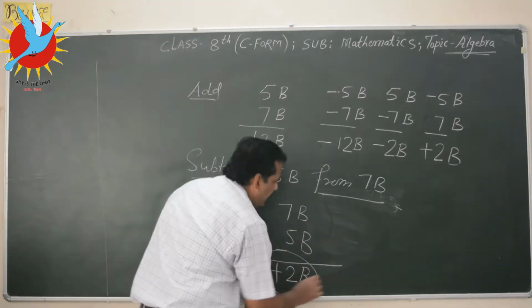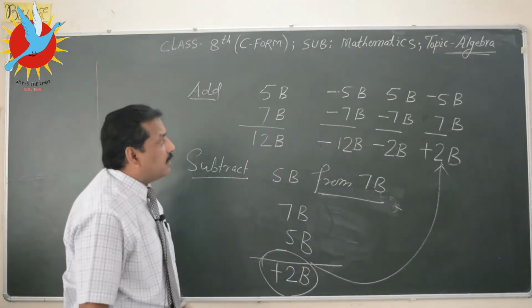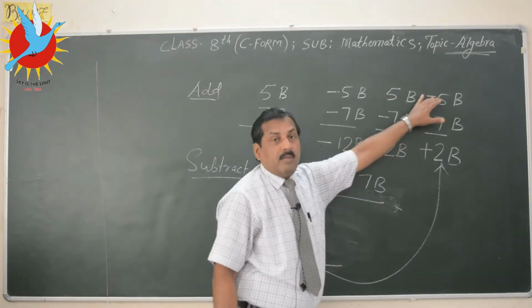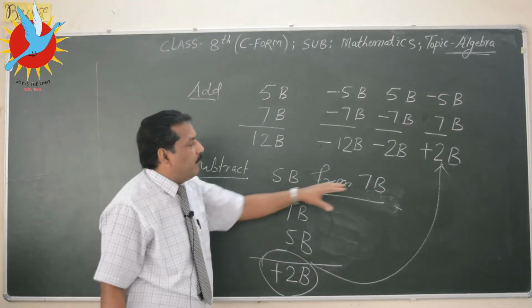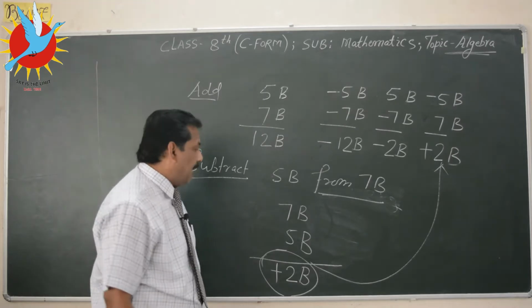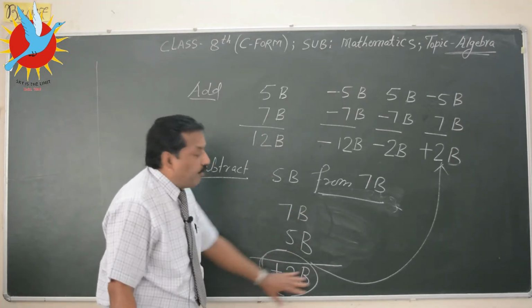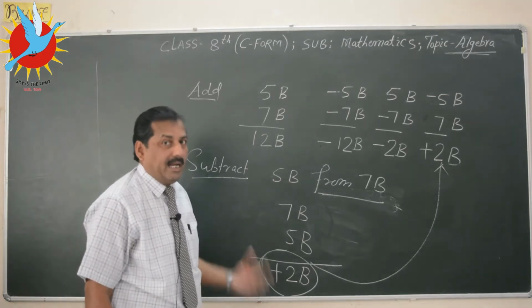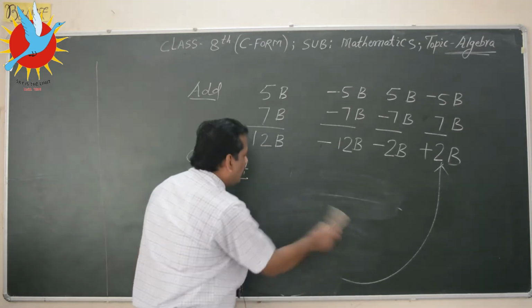So see, compare this result and this result. It was adding 7b and minus 5b, but this is subtracting 5b from 7b. What I need to tell you is that after changing the sign, we have to just follow the rules of addition in subtraction also. So let us take another example.